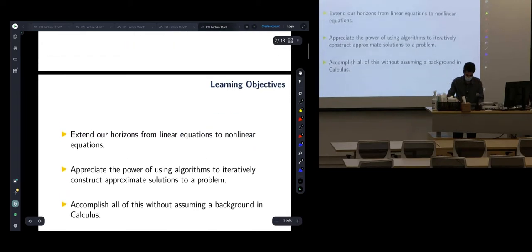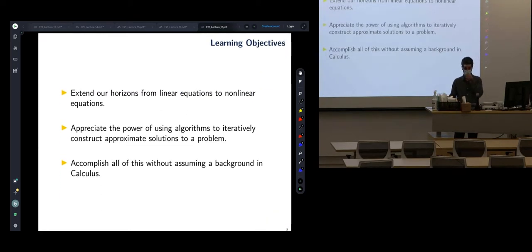And in particular, we're going to talk about two algorithms for root finding. So our objectives are to expand your horizon a little bit beyond linear equations, because ultimately it's important that you be able to connect your problem to what you learned here and how to solve it. The problems that you will face in reality might not come in the form of a system of linear equations.